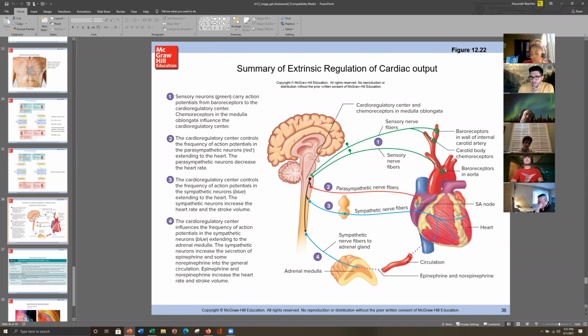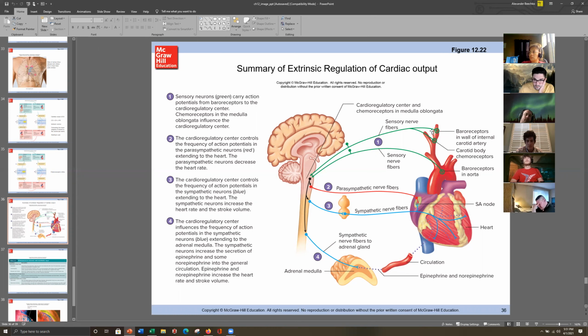So here are some of the locations of those baroreceptors that I mentioned. We've got some that sit right on the arch of the aorta here, and then we have some that sit up here in our common carotid arteries. Really, this is actually the internal carotid artery. But yes, we've got one right at the notch here, and then a couple on the right and left sides of each of our carotid arteries.